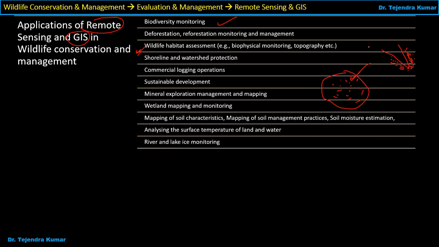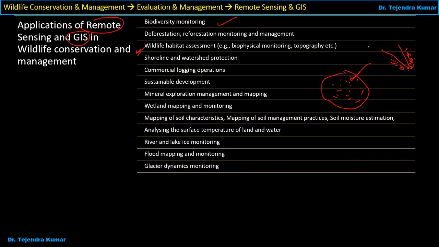River and lake ice monitoring can be done. Flood mapping and monitoring can also be done. Glacier dynamics monitoring, as we are saying that glaciers are continually dissolving and water is continuously dispersing, so it can be monitored.